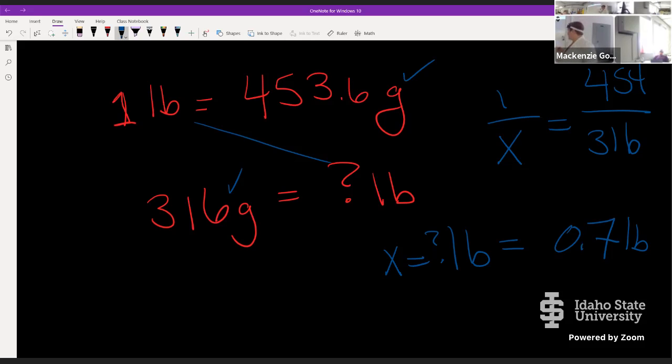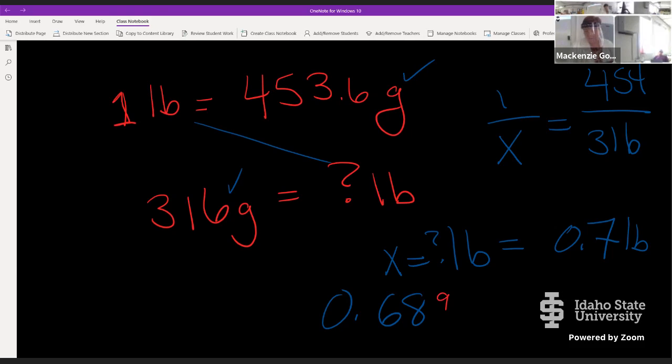Like if instead of 0.7, which is pretty obviously 70%, you ended up with 0.683 pounds, right? Or 0.683%. Sorry, doing your method. 0.68% of a pound.